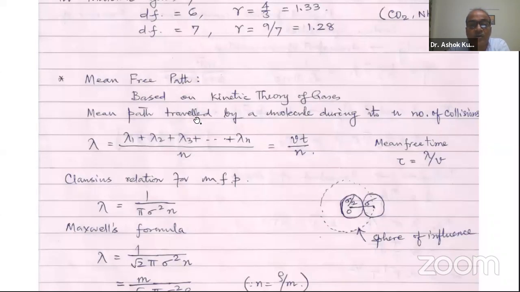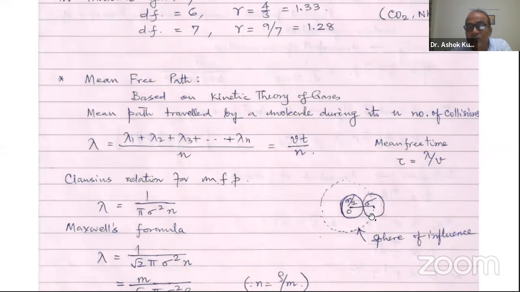Okay, so this mean free path concerns when the molecules collide with each other. Suppose there is one molecule, this one, and another molecule is this one. The collision is only possible when the molecules touch each other at the boundary.